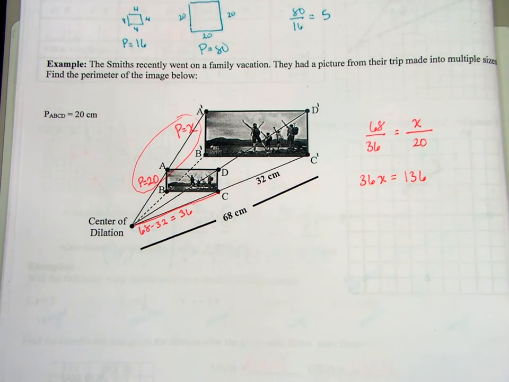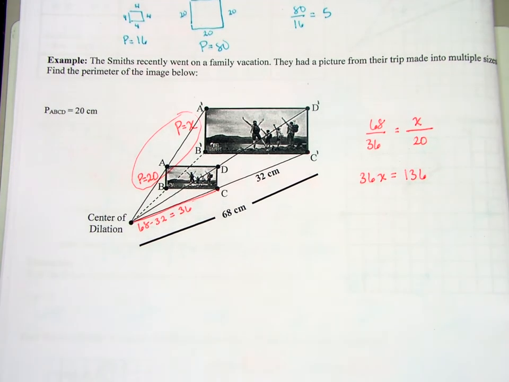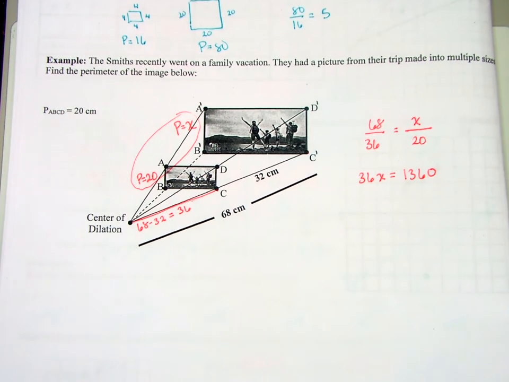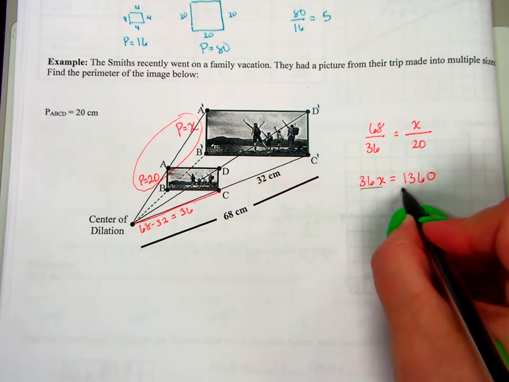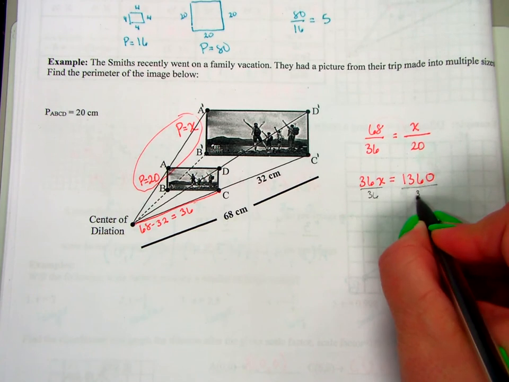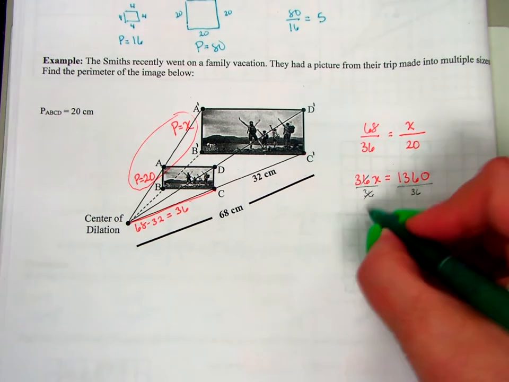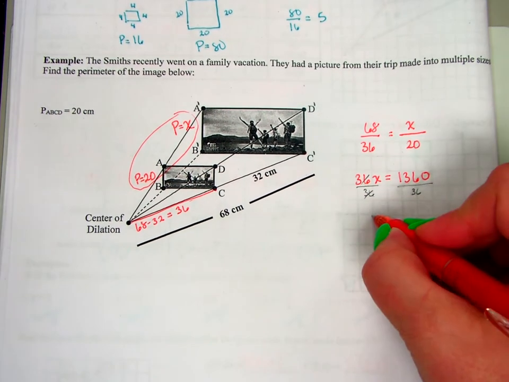136. Did I do that right? Oh, with a 0 on the end? I multiplied it by 2. I forgot to multiply it by 20. And then I need to divide that by 36. And I get a decimal. That's okay.